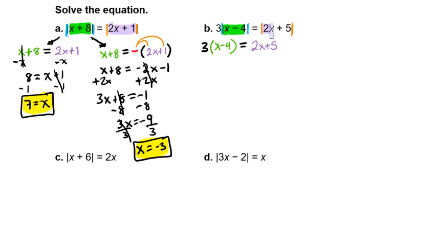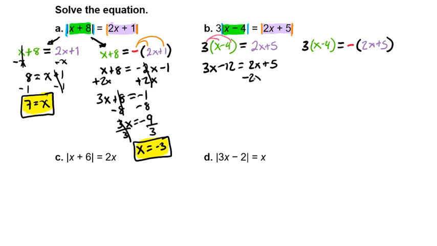And remember, the first time, it's normal. But the second time, because we have to do it twice, we need to put a negative sign in front of that 2x plus 5. All right, so we're going to begin by distributing our 3, and that's going to give us 3x minus 12 equals 2x plus 5.